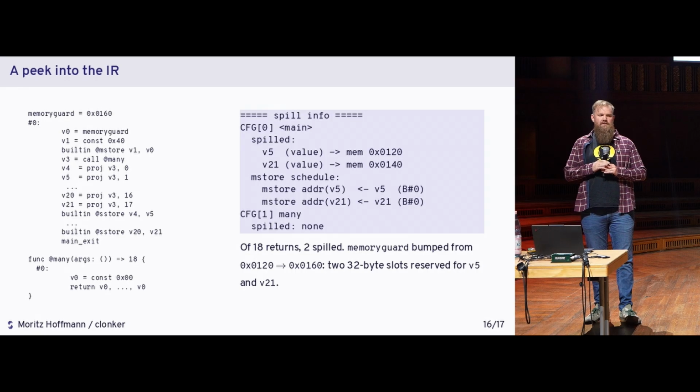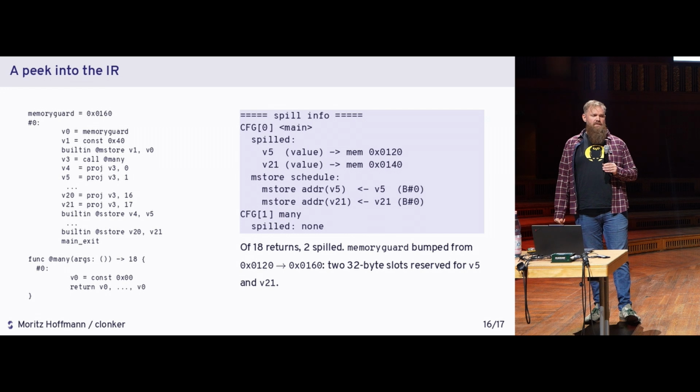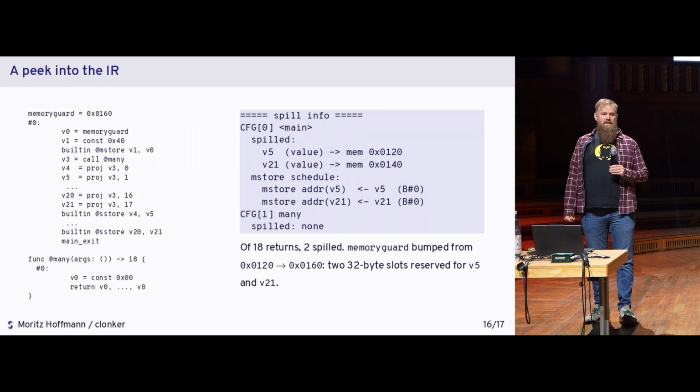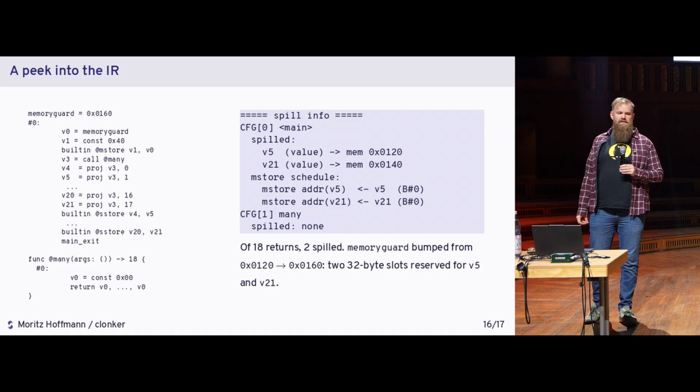These are these projection instructions. And in the end, we have a bunch of sstores emitted. Yeah, and if you look at the spill info, you can see that indeed exactly two values have been spilled to memory, V5 and V21, which is then, as I explained, demand-driven by the stack layout generation phase.